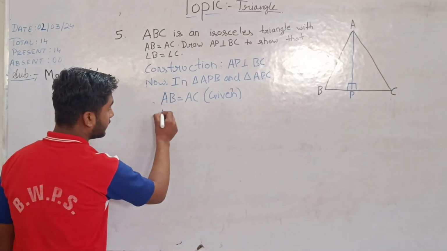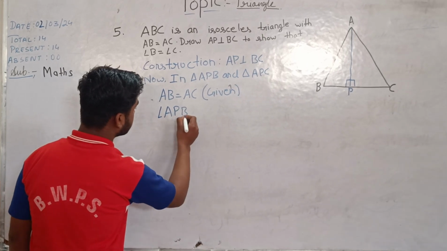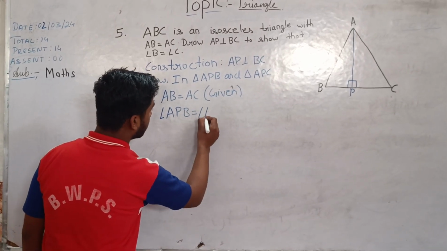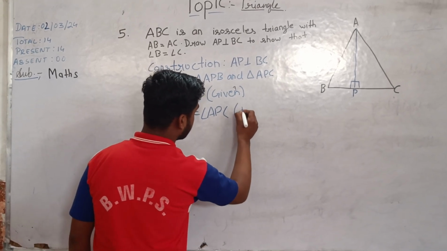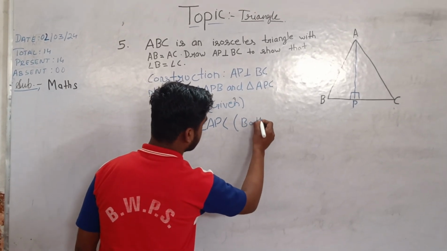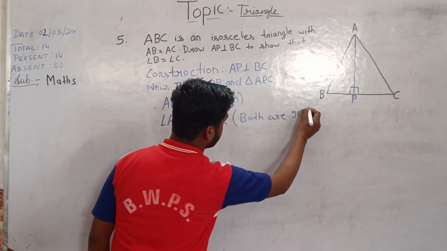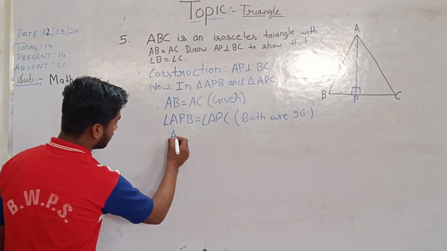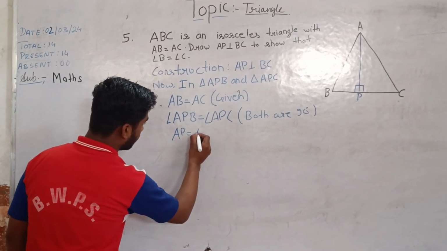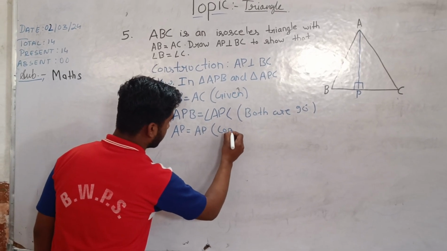So we can write here angle APB is equal to angle APC because both are 90 degrees. And the last thing is that AP is equal to AP. This is common in both the triangles.